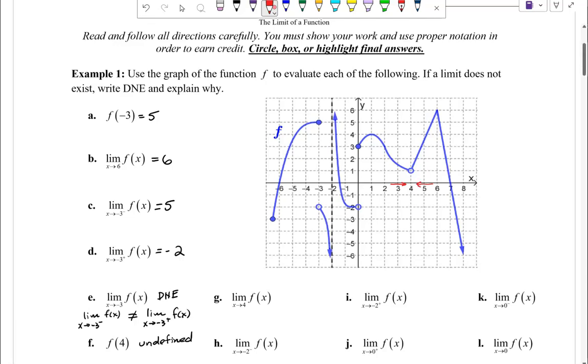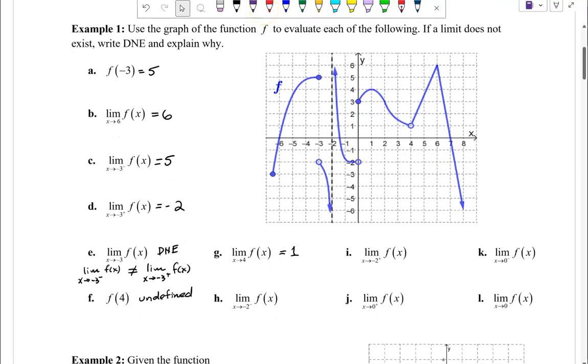And from below, we have points coming down the curve this way. From above, we have points coming down this way. And in both cases, it appears that the graph is approaching that hole, which happens to be at y equals 1. So this limit equals 1. So just because the function is not defined at a point, that does not mean the limit does not exist.